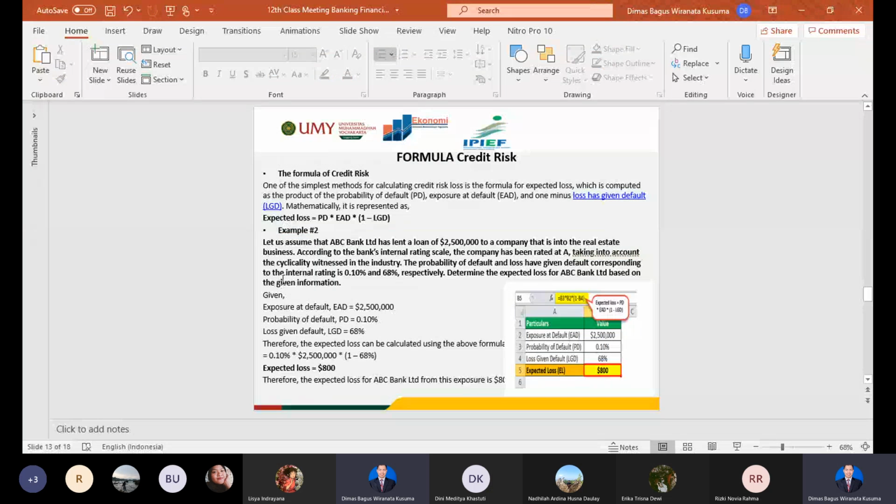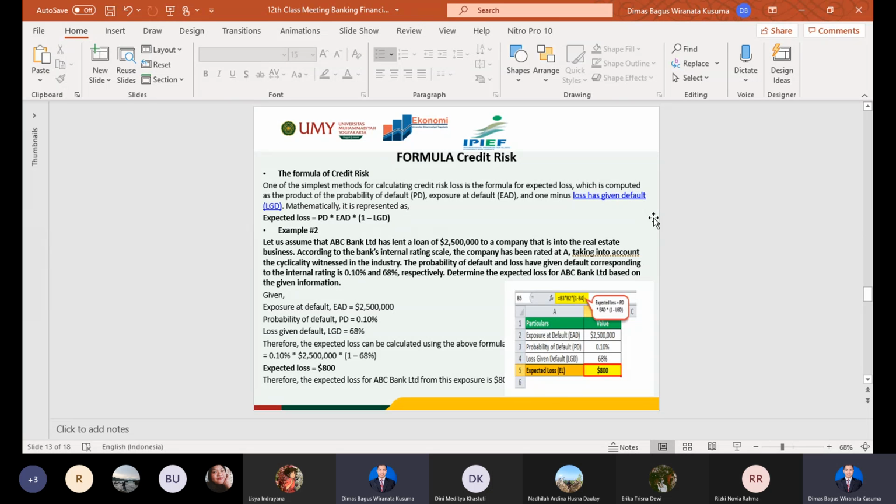Example 2. Let us assume that EBC Bank Limited has lent a loan of 2.5 million to a company that is into the real estate business. According to the bank's internal rating scale, the company has been rated at A. Usually, if you want to lend the money, the company will see your company ratings or individual rating.